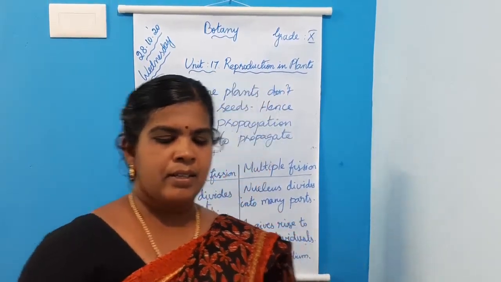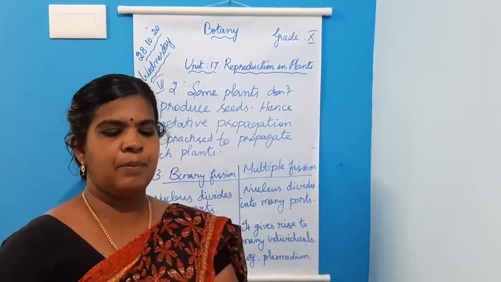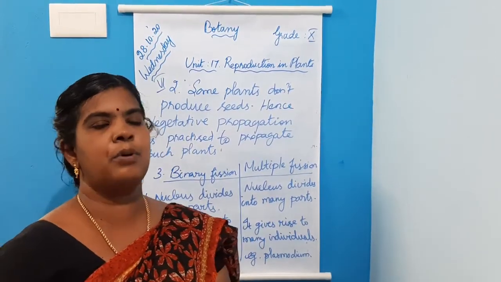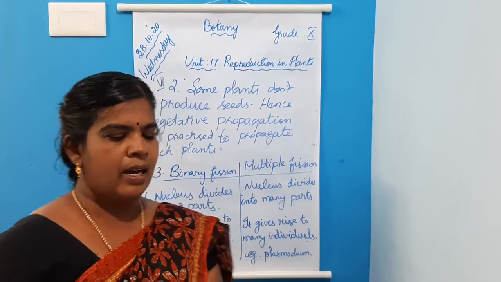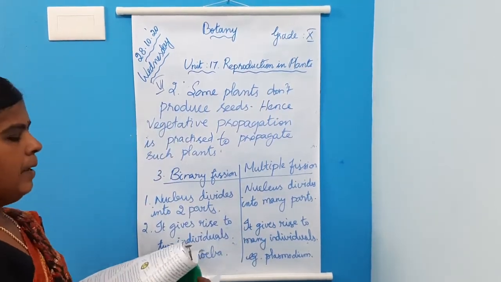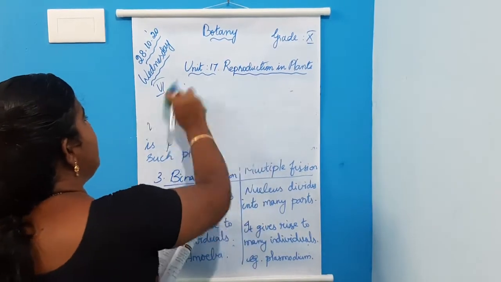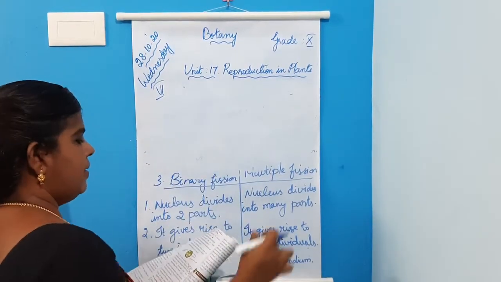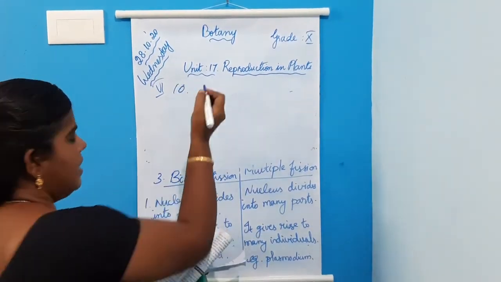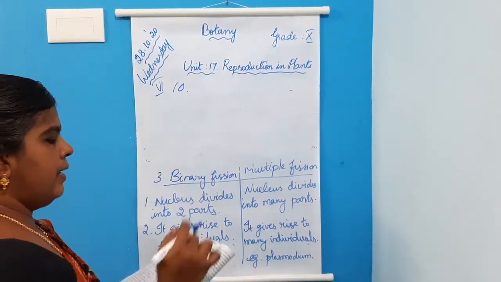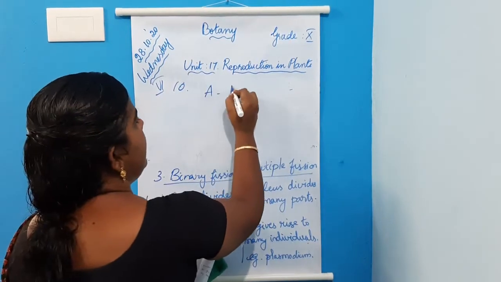Next is identify the parts. Question number 10. Identify the parts A, B, C and D. Here the pollen grain structure is given, isn't it? What is A?